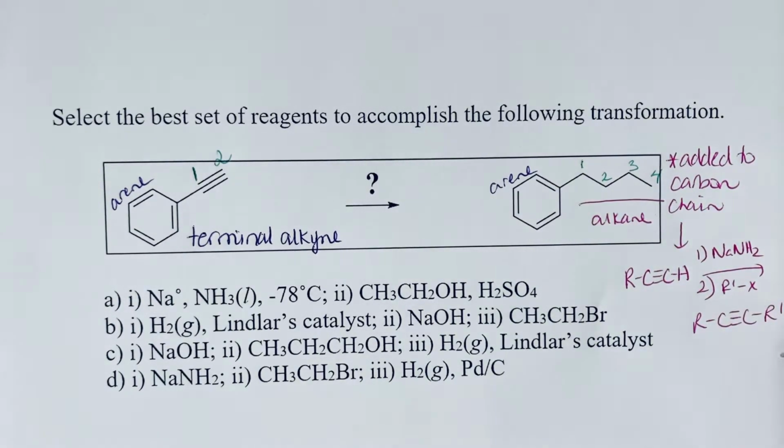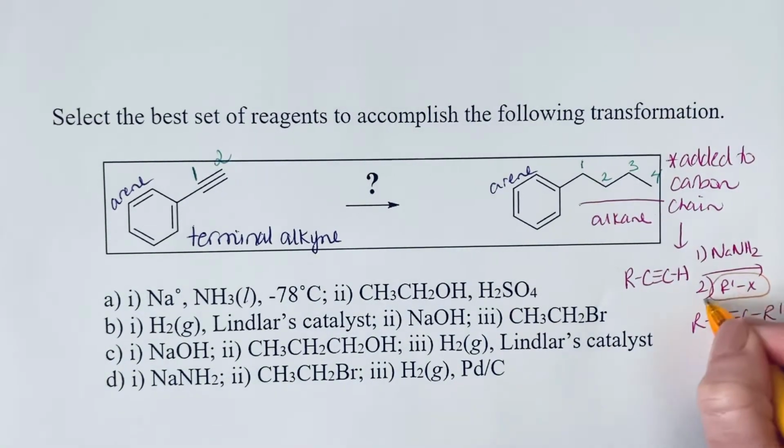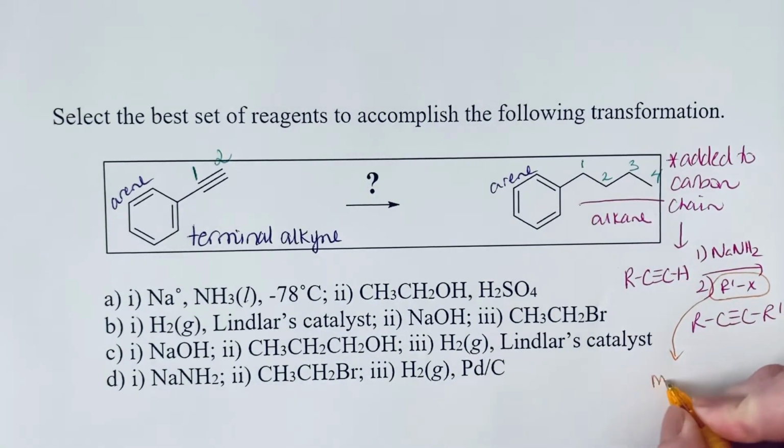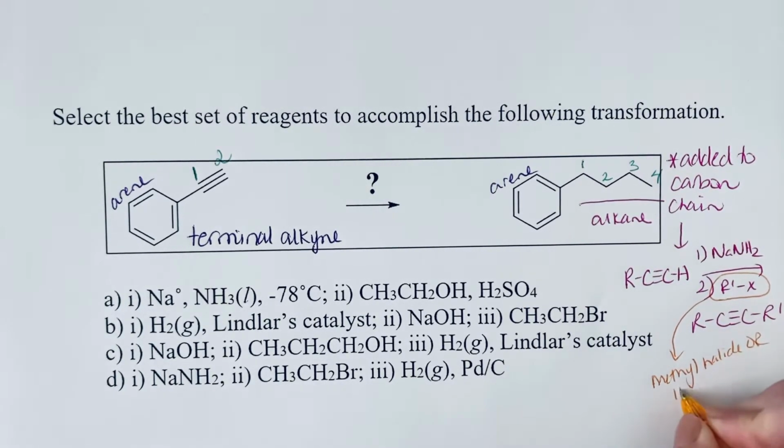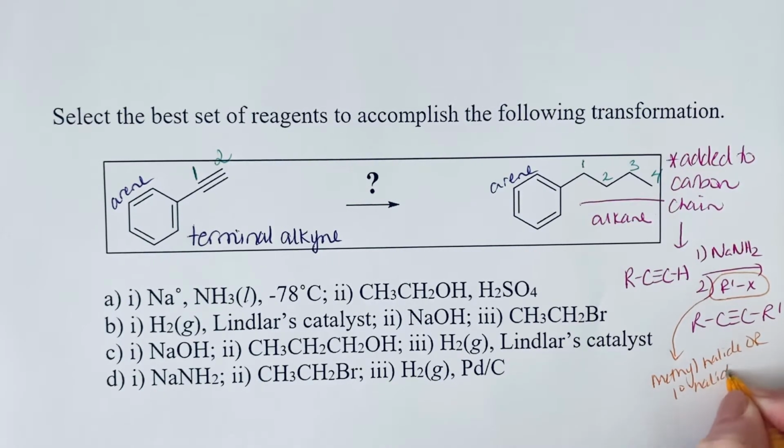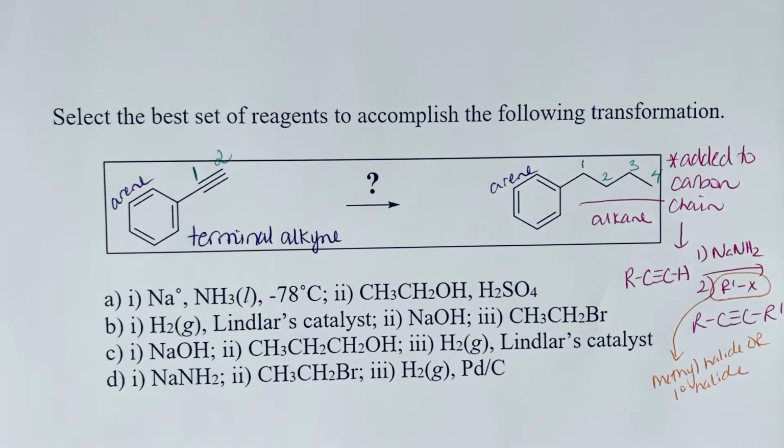And so this is the general reaction, and we can tweak the length of the carbon chain by changing what our alkyl halide is. The only stipulation about this alkyl halide is that it cannot be very hindered. So it needs to be either just a methyl halide or a primary halide in order for this reaction to work.